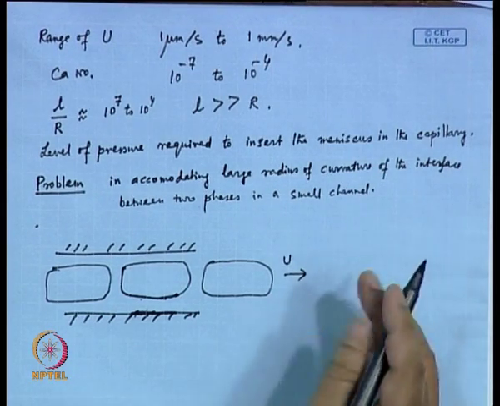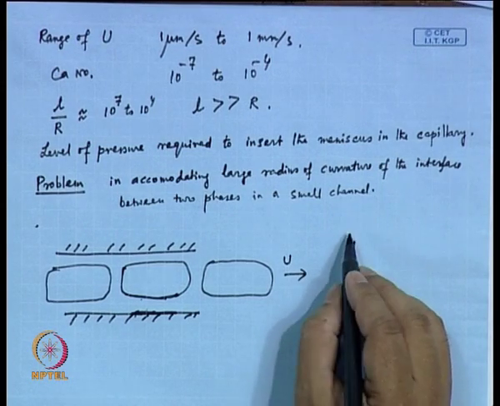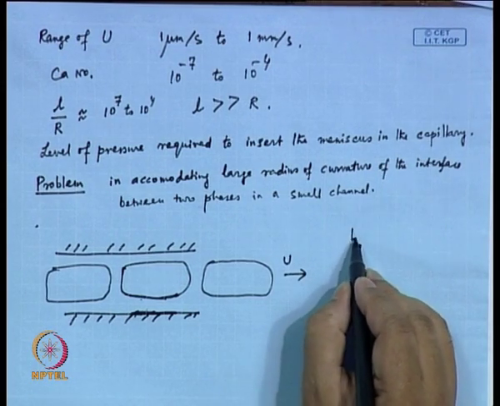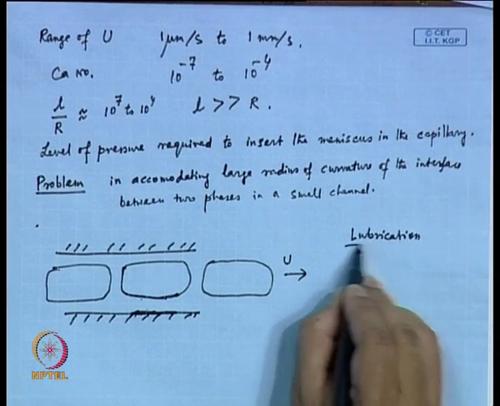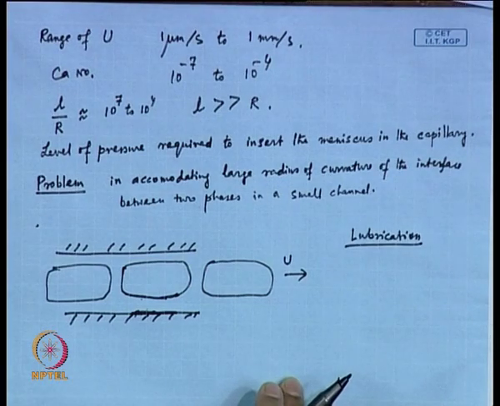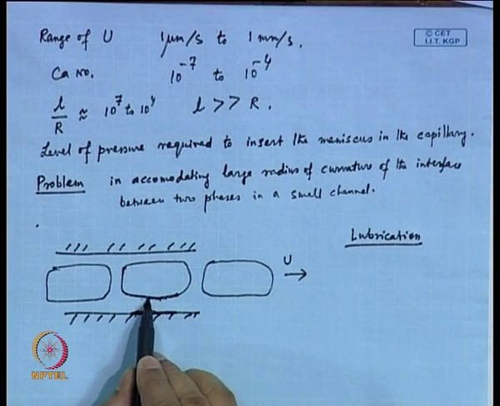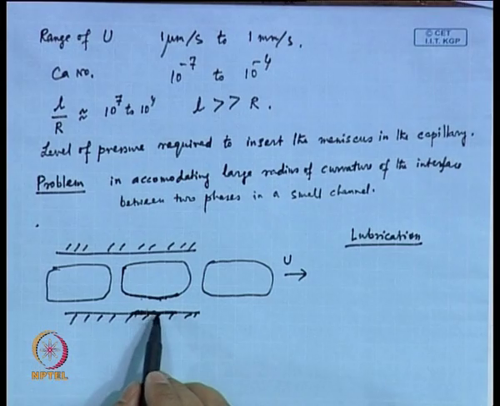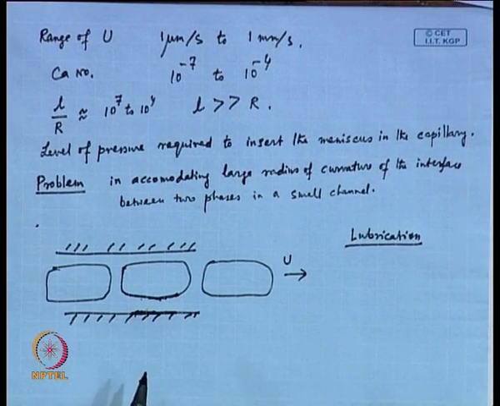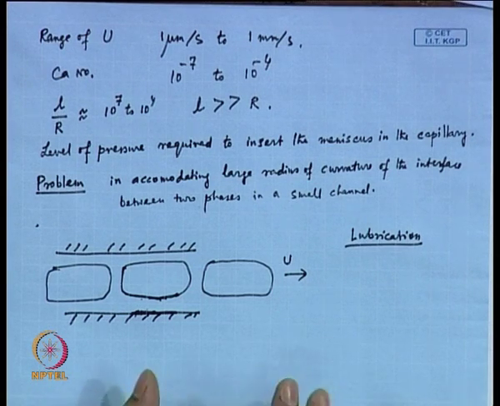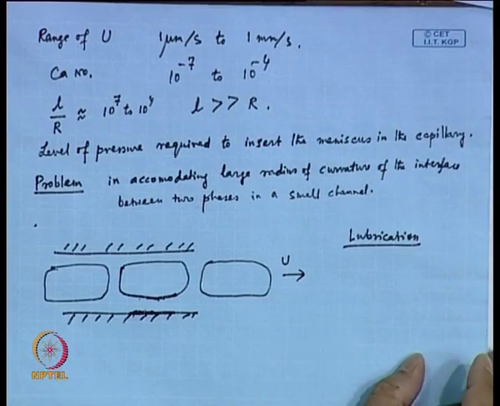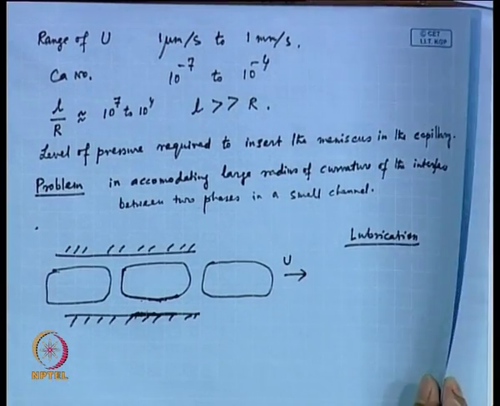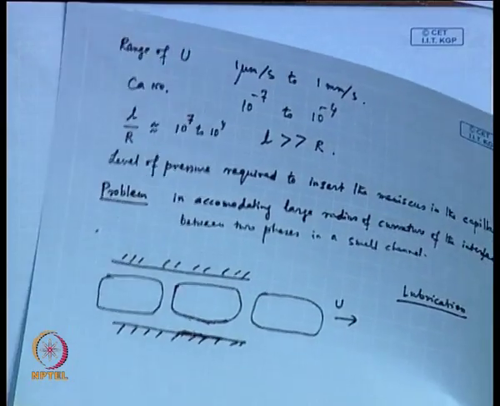Already a good amount of work has been done in the area of lubrication, so some of those theories will be invoked to understand this annular part. We will look into how these theories of lubrication can be invoked here. Now, there are certain considerations we need to have.